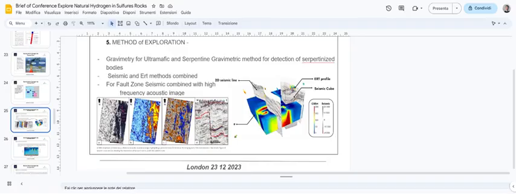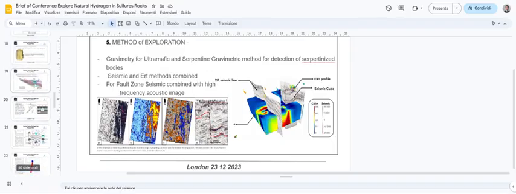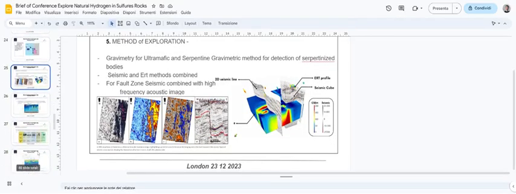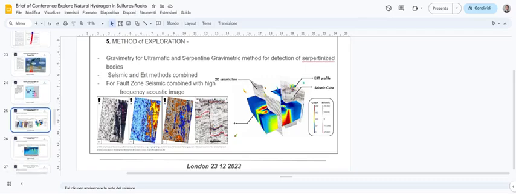Which methods of exploration can be used? We have different methods of exploration for different environments and different geological contexts. For example, for ultramafic rocks and serpentinite, we can use the gravimetric method.